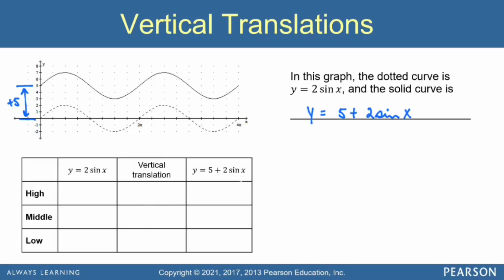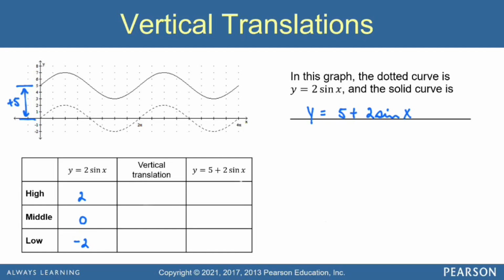So notice that for the original function, which is the dotted function, the high point was at y equals 2, the middle point was at y equals 0, and the low point was at -2. And this is what we've seen for every graph that we've graphed up to this point. Whatever the amplitude was, that determined the high and the low of the graph, and the middle was always at 0, right?